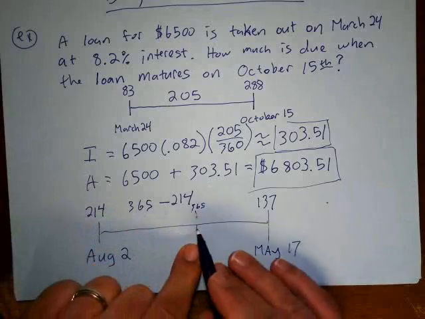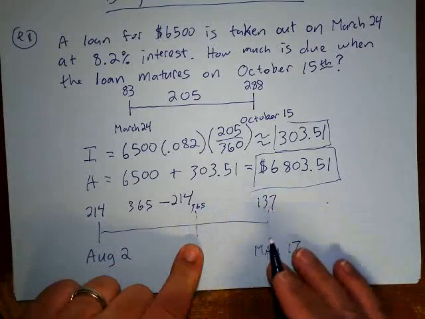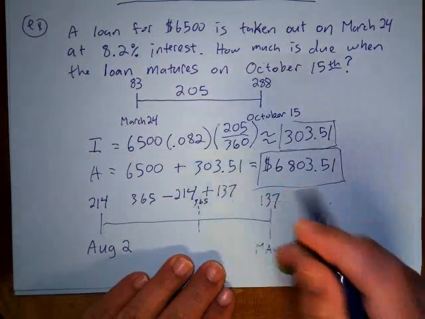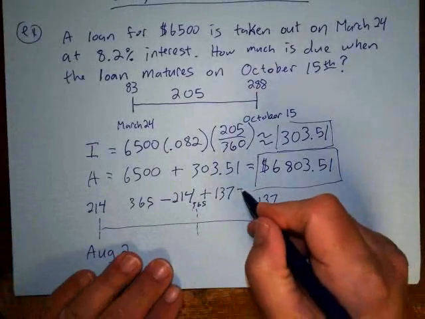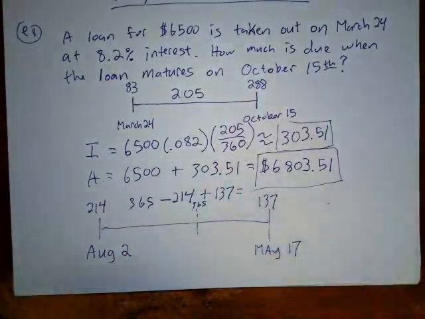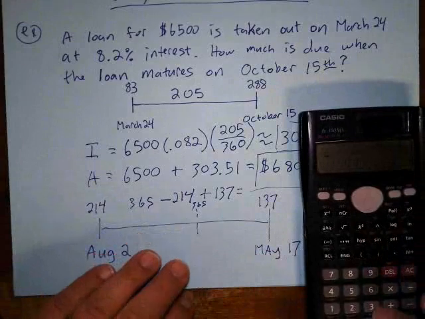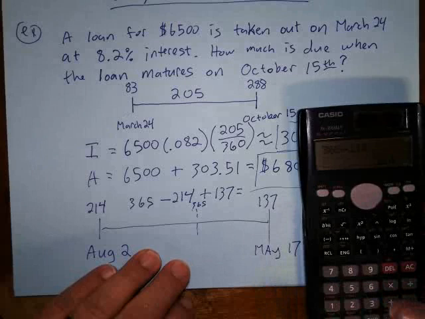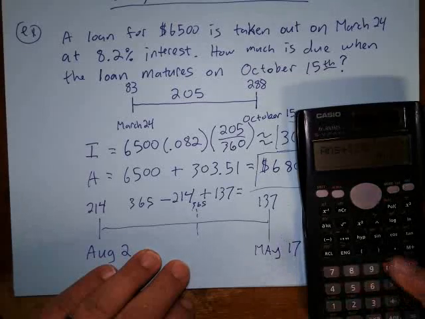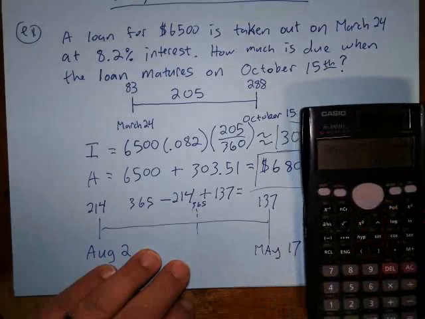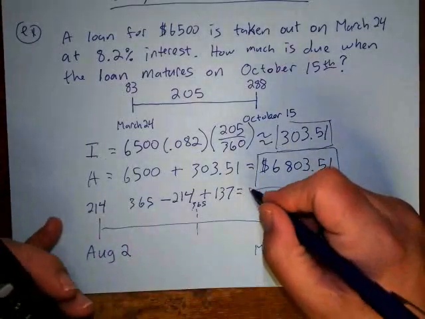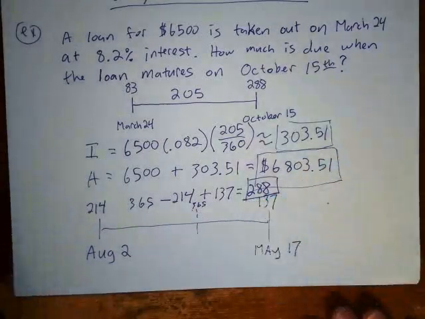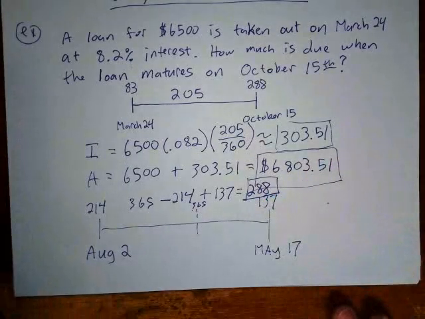And then from the beginning of the year to May is 137. So then I just add 137. Okay? And that's how I do it. 365 minus 214, and then I add 137. And in this case I get 288 days. 288 days. Okay?